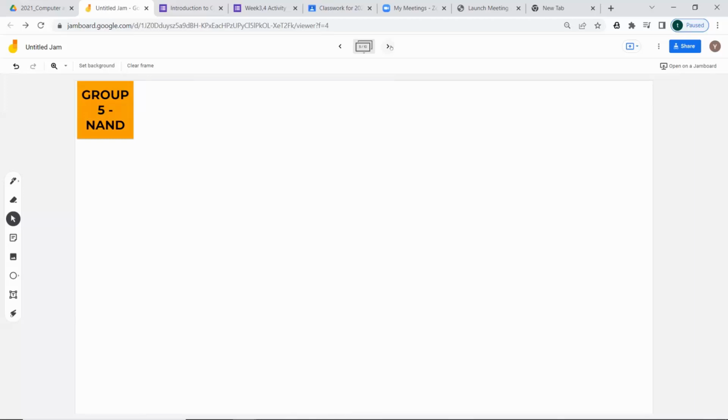So today I'm going to start the session with an activity regarding the logic gates. You will have to be in your group, not your usual group today, because here we are going to discuss the 7 basic logic gates.